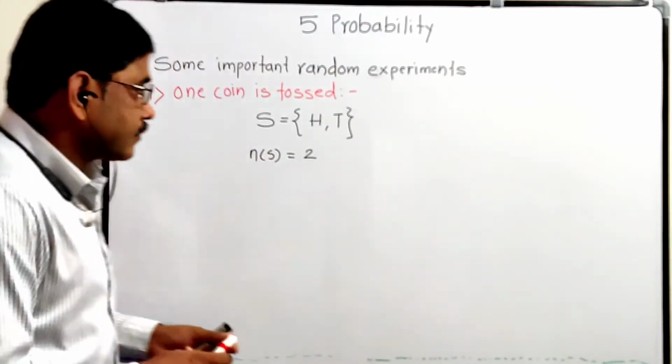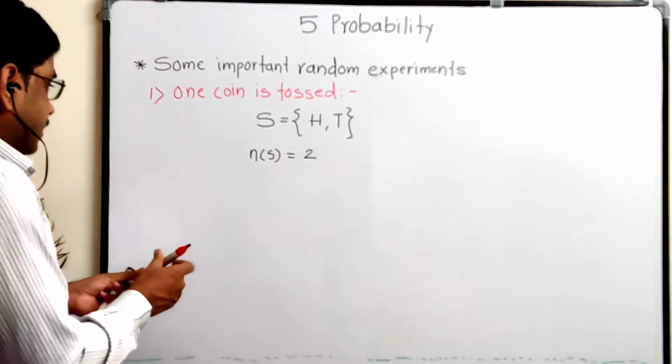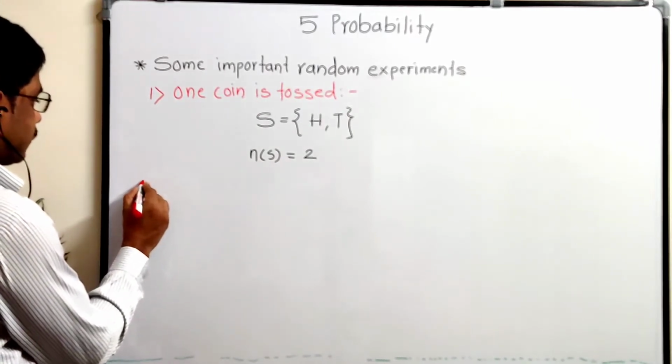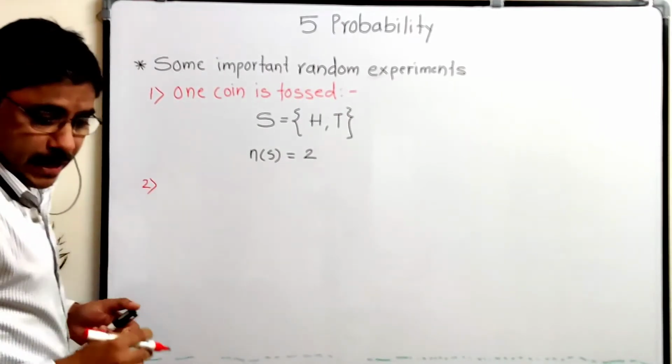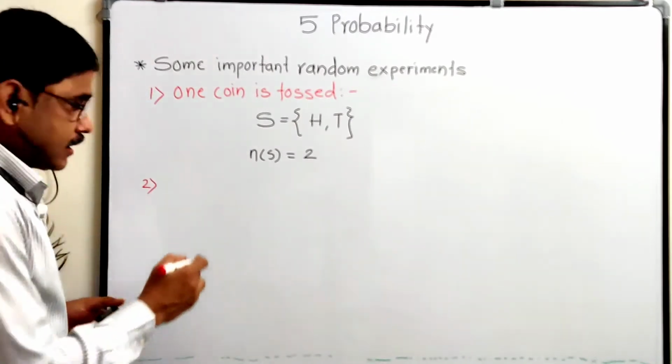The second random experiment is when 2 coins are tossed.